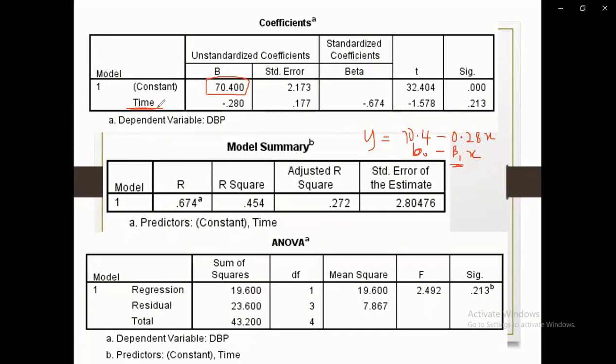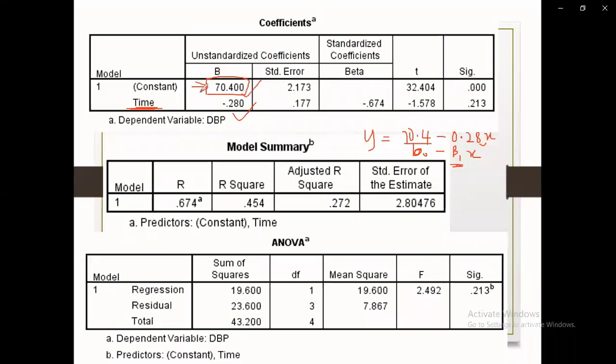The coefficient of time is what you are seeing in the model here, which is negative 0.28. Please observe it carefully. And then once again, when you come here, this is 70.4 over here.